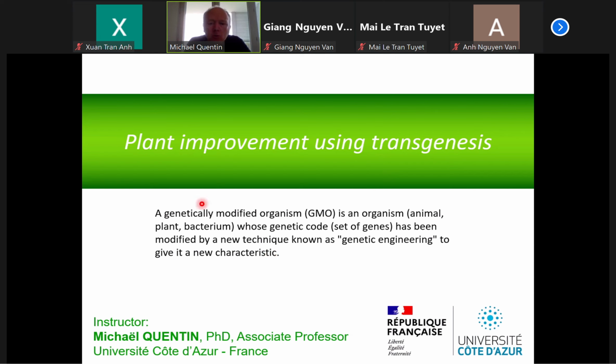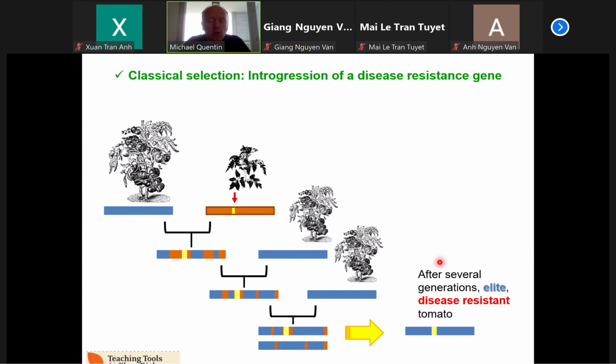What can be the use of this for plant breeding? I told you just before what classical selection is. And usually, when we do classical selection, the idea is to introduce into an elite plant a new characteristic.